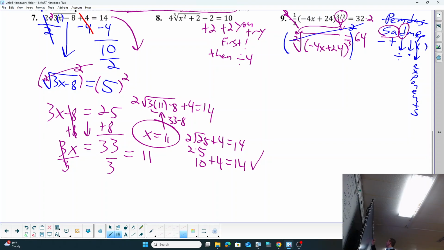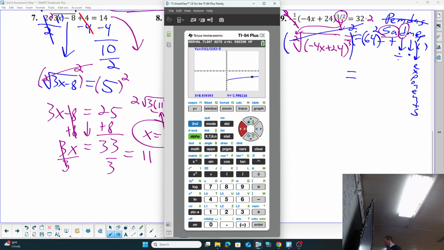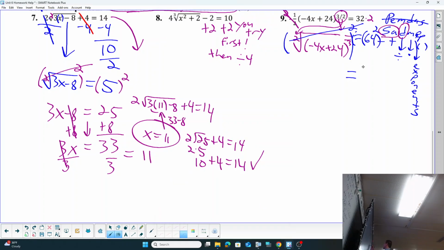That'll get rid of that. But then you also have to square the equals 64 there. So you have to square that sucker. So that's going to be a huge number, but that's okay. So 64 squared is 4096.